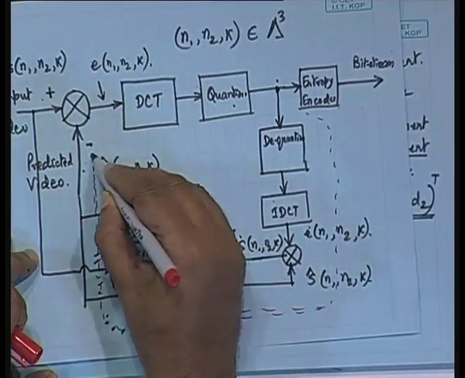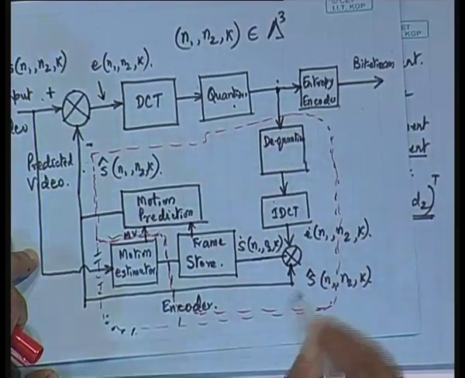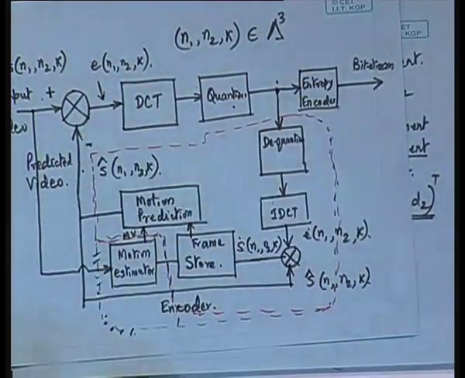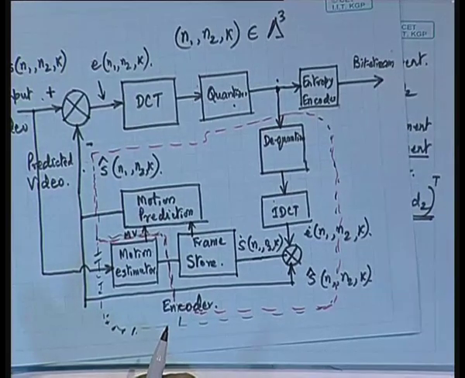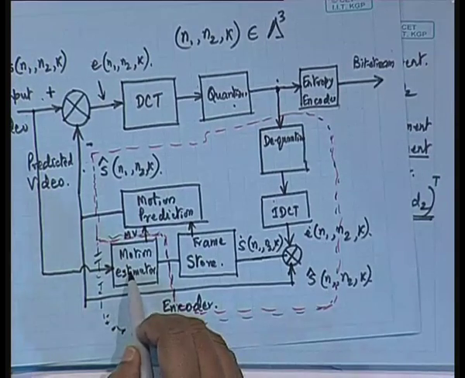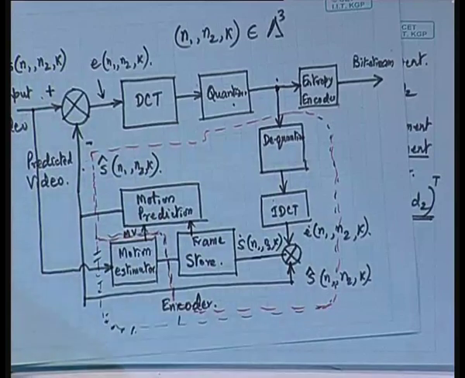The part that I have shown within this red dotted border can also be used in the decoder. Am I right? There is no difficulty. Only this motion estimation I cannot do, because motion estimation requires input video and I do not have input video at the decoder.